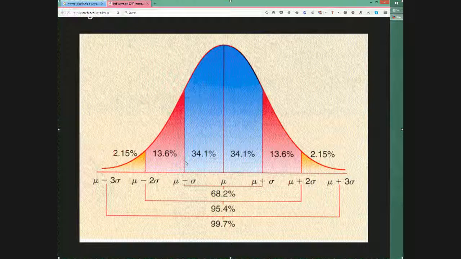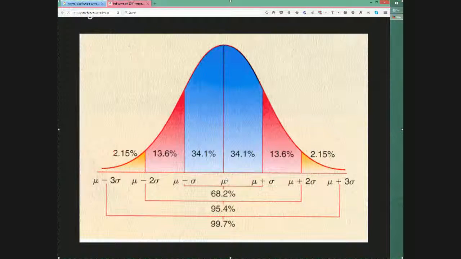So should you just bound your data by plus or minus 1 standard deviation from where you are, 68.2% of your data will fall into that. That's a little bit over 2/3.